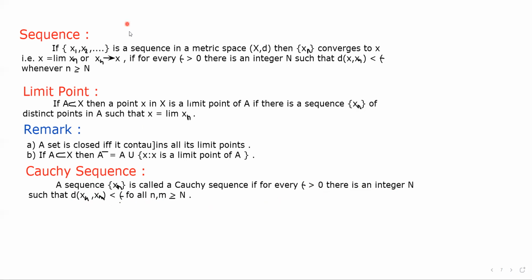What is the condition for a Cauchy sequence? That d(xn, xm) is less than epsilon for all n and m greater than or equal to N.